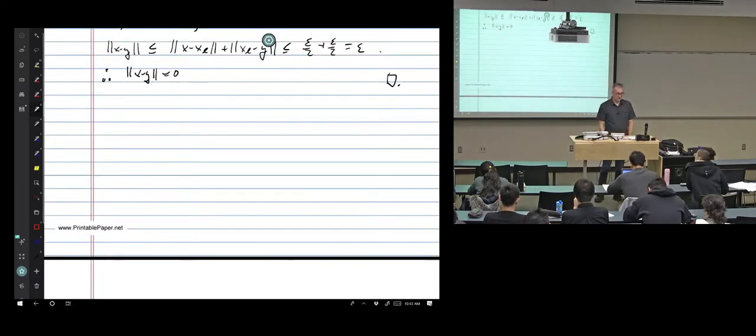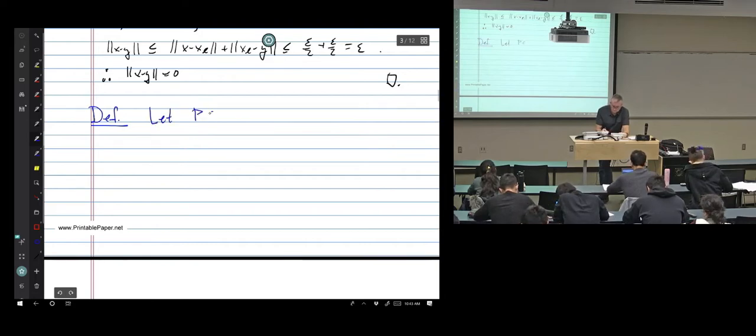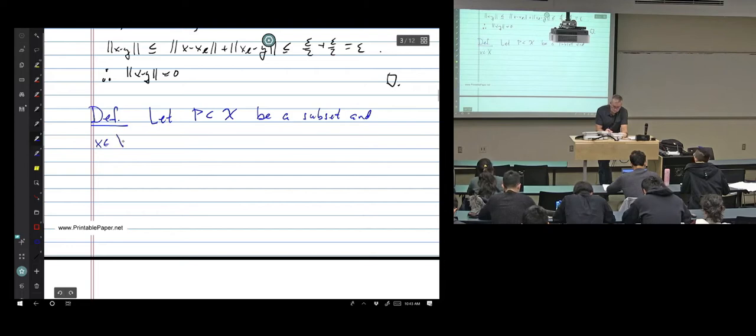Okay, another little warm-up act, and then we'll get into the Cauchy sequences. Definition. Let P be a subset of X, our big normed space.